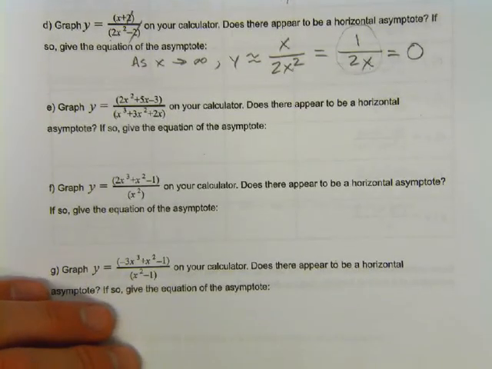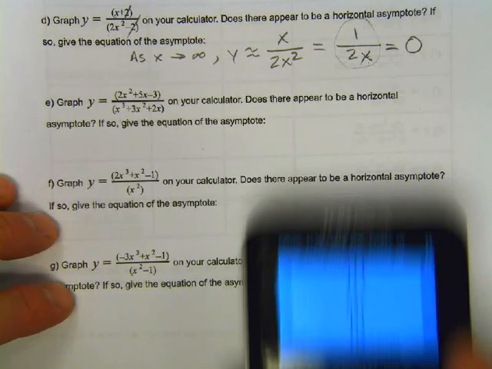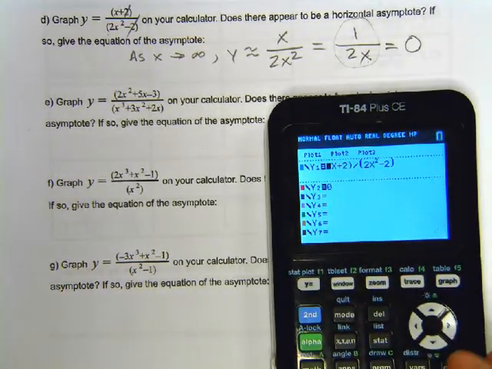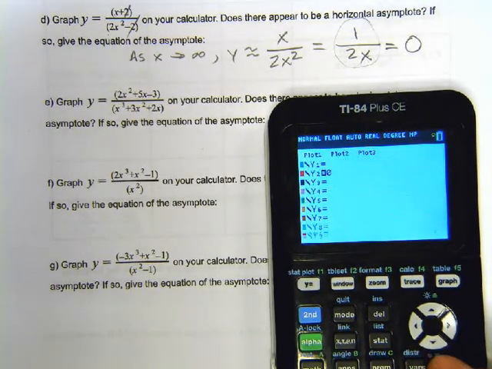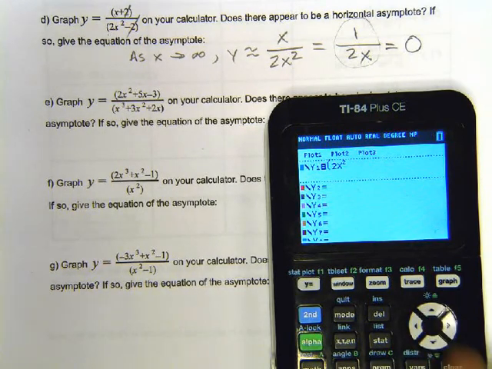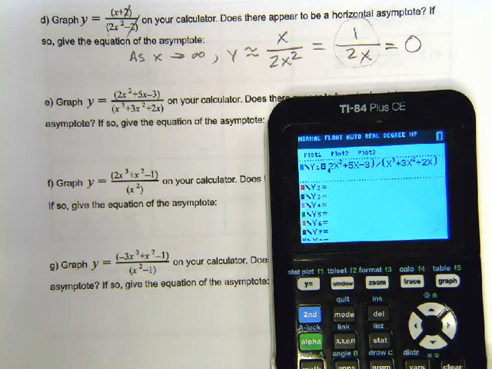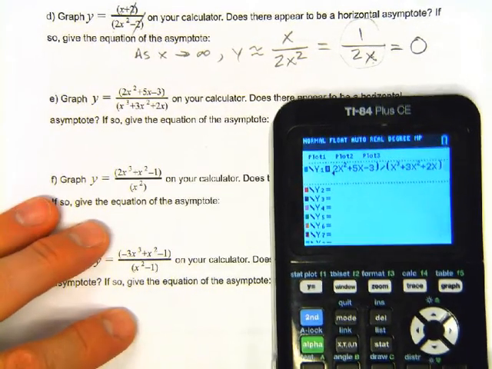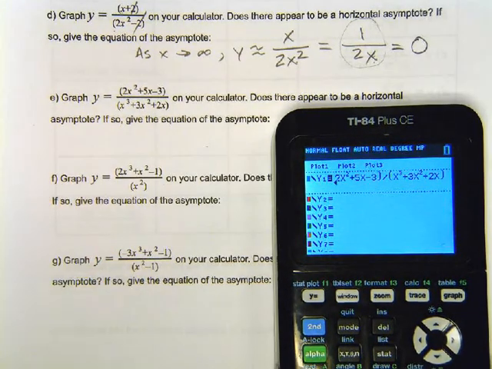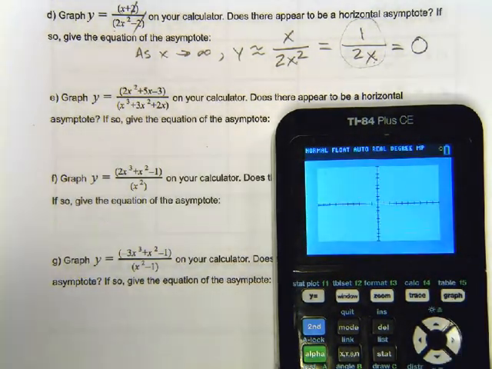Let's do another one. Y equals parentheses 2x squared plus 5x minus 3 divided by parentheses x cubed plus 3x squared plus 2x. Well, let's see what happens when we graph this.